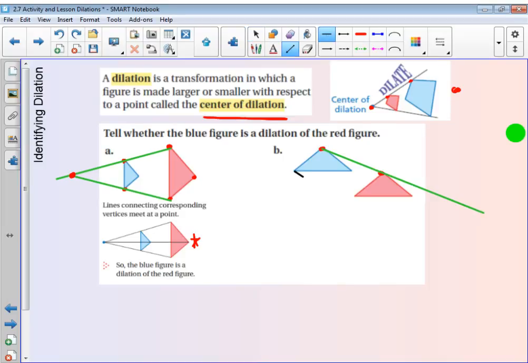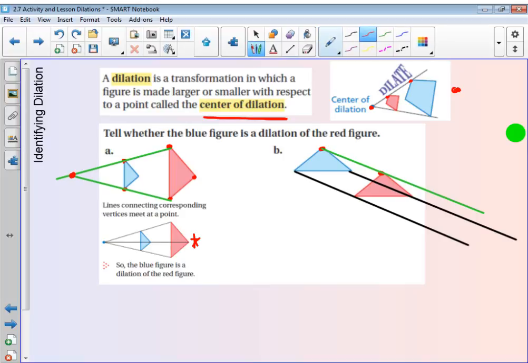So this point would connect to this point, and then this point here would connect to this point. They should come to a center of focus. And you'll notice, once again, they don't. Even though they shifted these, offset them, they still don't come to a center focus where they end up intersecting as a focal point. So no, these would not be dilations of each other.